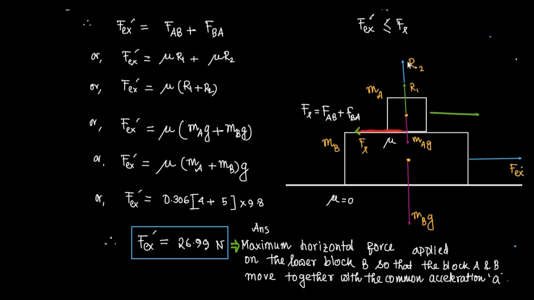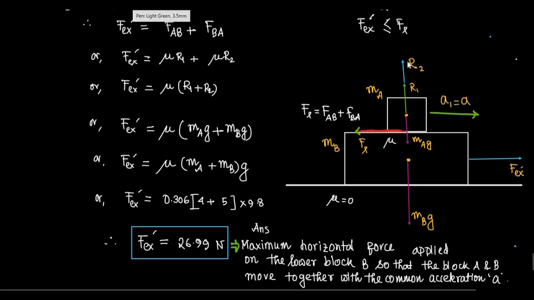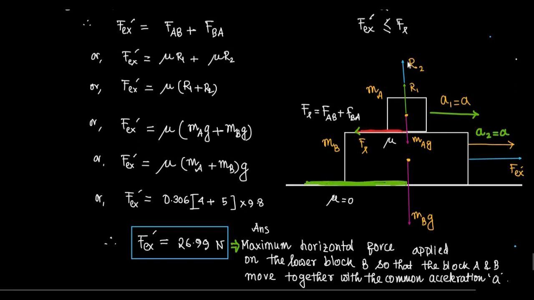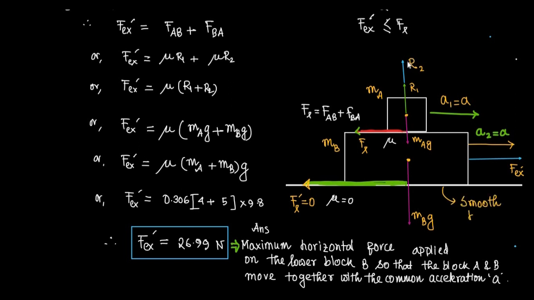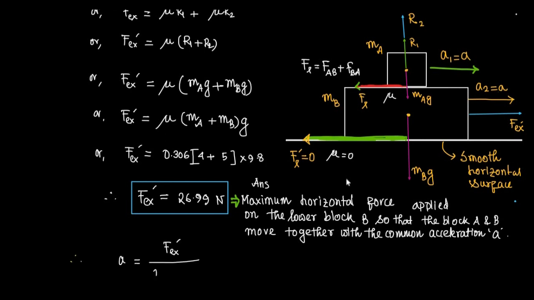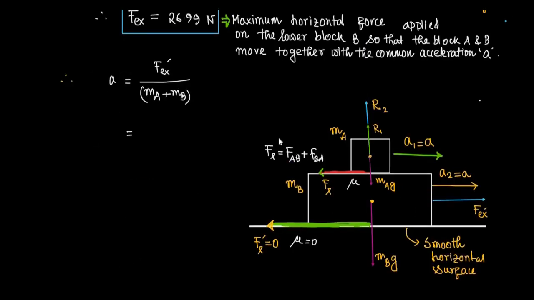Fex prime is the external force applied on the lower block, and we can denote the acceleration of the upper block A1 as A. Similarly, the lower block B will be moving with the same acceleration A2 equal to A, and the friction FL prime between the lower block B and the smooth horizontal surface will be 0. As the surface is smooth, there is no frictional force, and the two blocks move towards the right with the common acceleration A, which is Fex prime divided by Ma plus Mb.